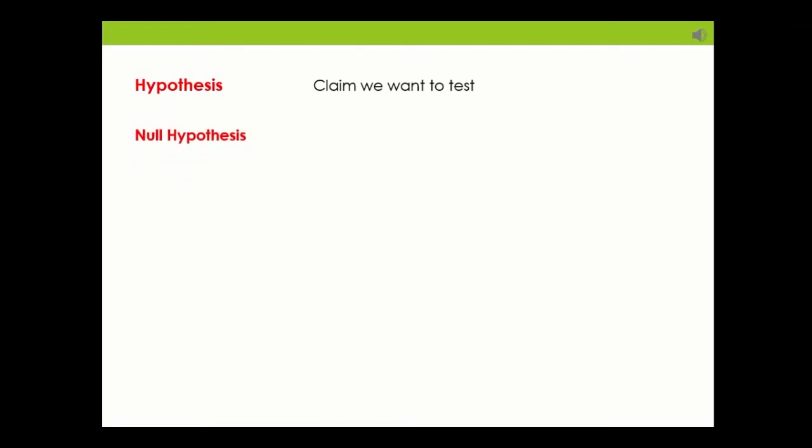First of all, let's see what the null hypothesis is. Always there is a default hypothesis which is called a null hypothesis. As you know, null means 0, so the null hypothesis is denoted by H0.